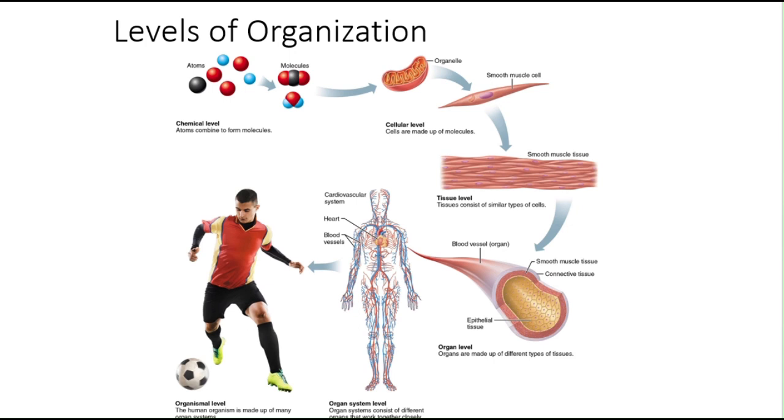We have different types of molecules. We call them macromolecules, for example protein, carbohydrates, genetic materials, and lipids. They all are macromolecules. These macromolecules make our organelles.